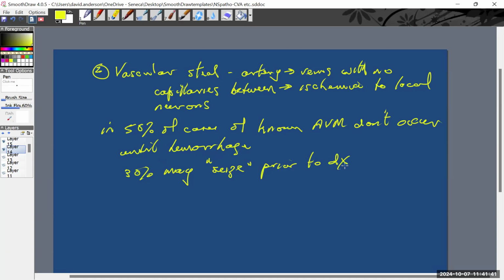So 50% of the cases are not going to be understood or recognized until there's been a hemorrhage. And a smaller percentage may present with seizures that get investigated.